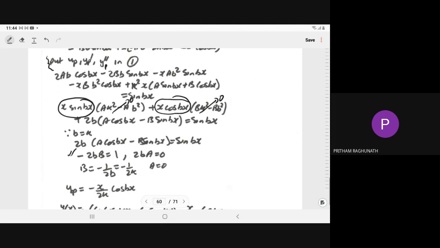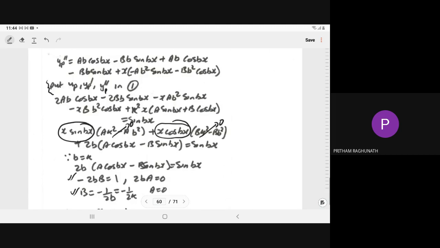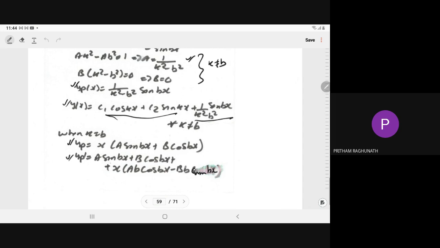That will give you b is equal to minus 1 upon 2b, or minus 1 upon 2k, and a is equal to 0. So just put the values of a and b in the given yp. Here a is equal to 0 and b is equal to minus 1 upon 2k.